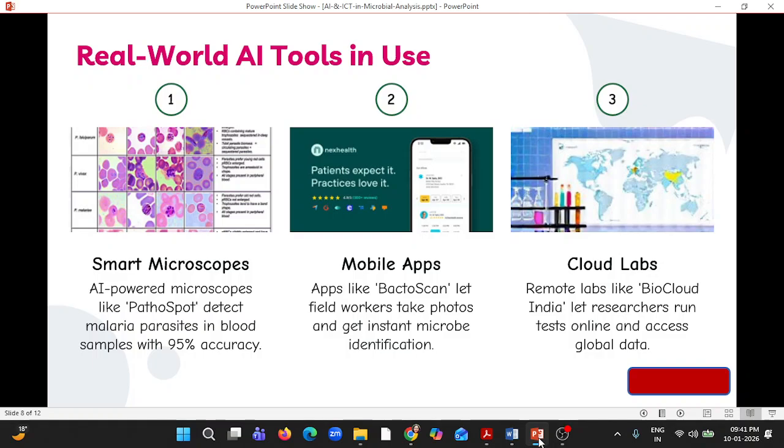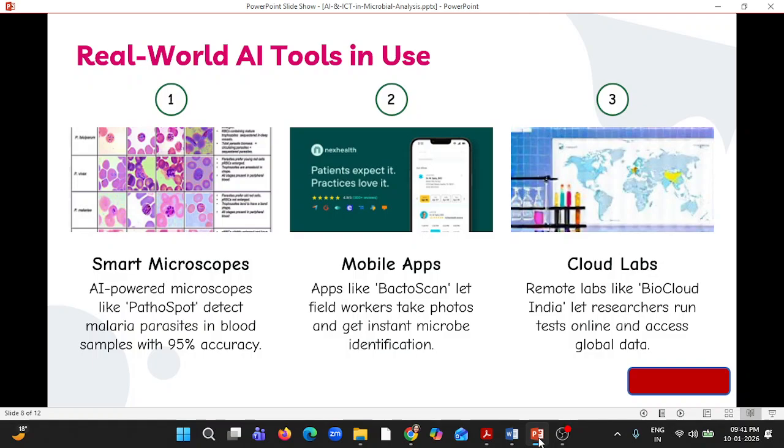These are specifically valuable in remote and rural areas where laboratory facilities are limited. They enable rapid screening, early interventions, and better disease surveillance at the grassroots level.